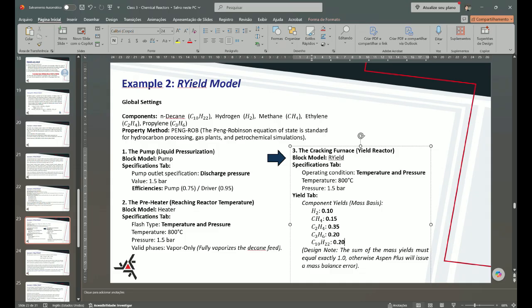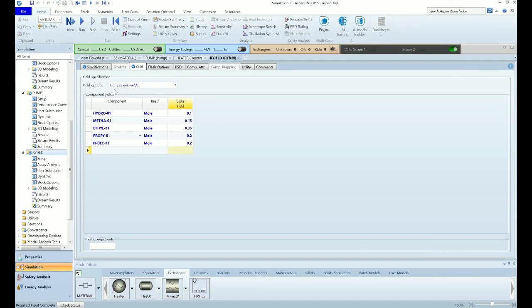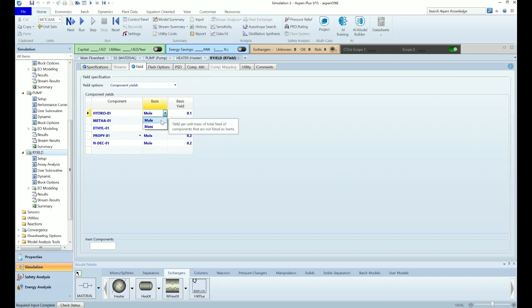Let me just confirm it here, and here we have the yields for all components. I think it was established on a mass basis instead of a molar basis, also because our basic calculations are based on the amount of mass fed into the process.